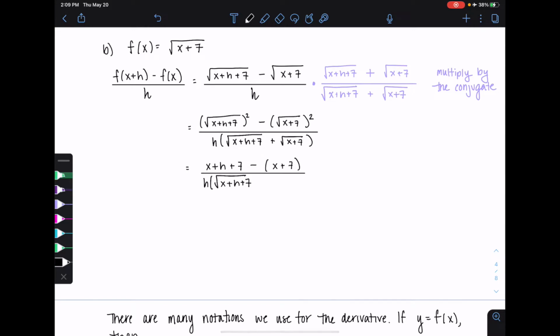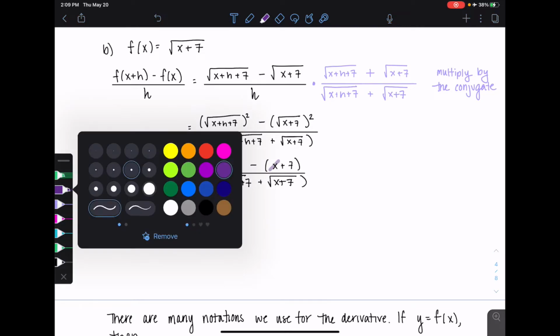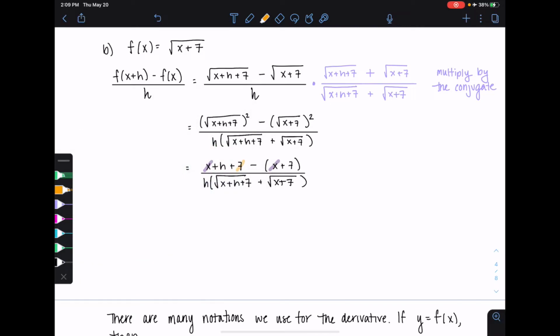But thankfully, we get lots of cancellations. So I've got a positive x, I'm going to subtract x. Positive 7 minus 7.